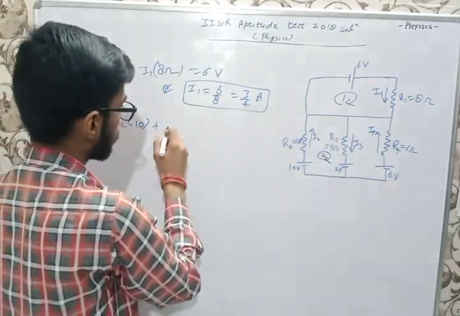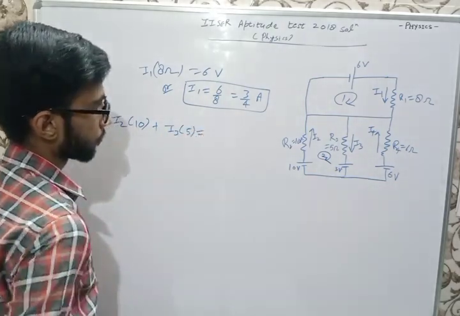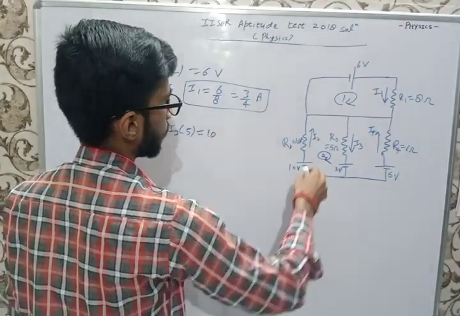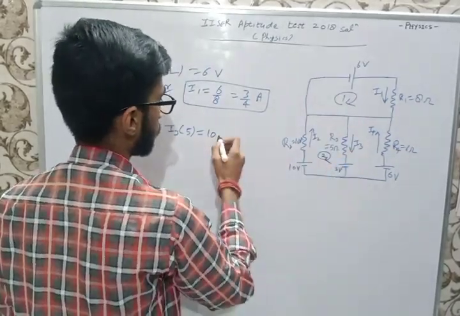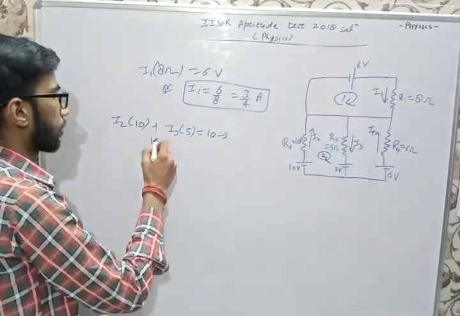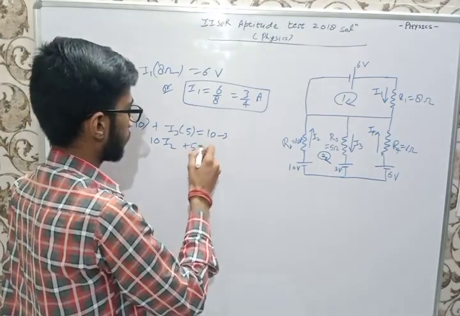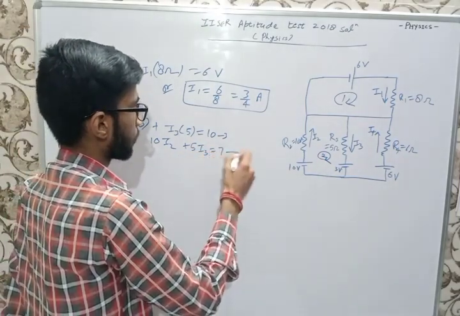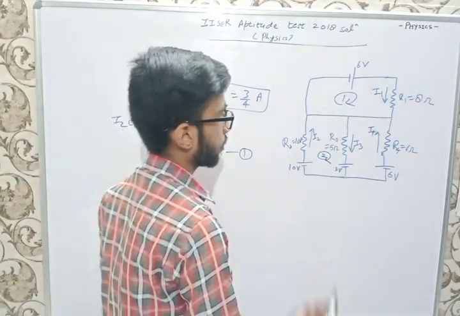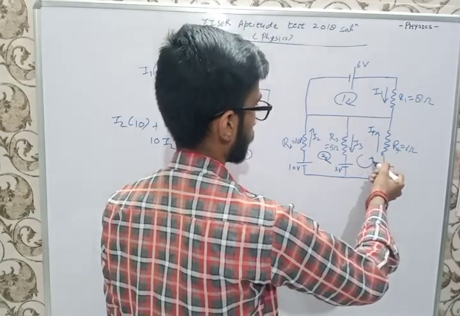So it is positive 5 times I3 equal to, this cell is supporting me, so 10 positive, and it is opposing, so negative 3. So it is simply 10I2 plus 5I3 equal to 7. Say equation first.